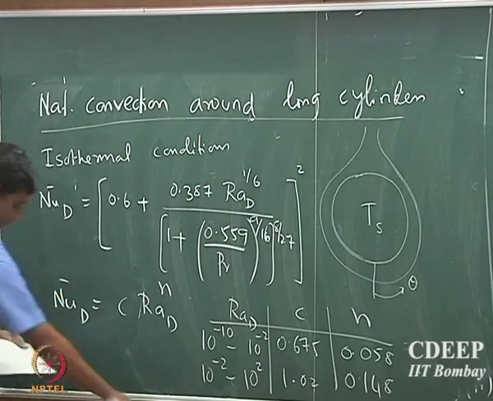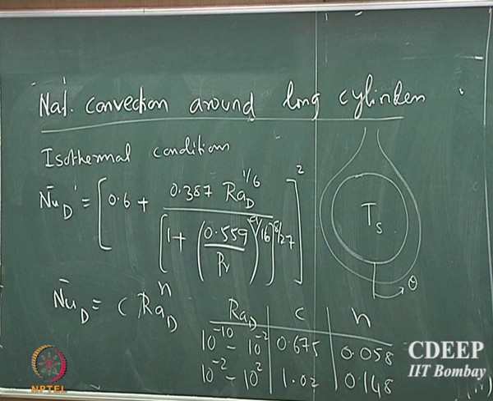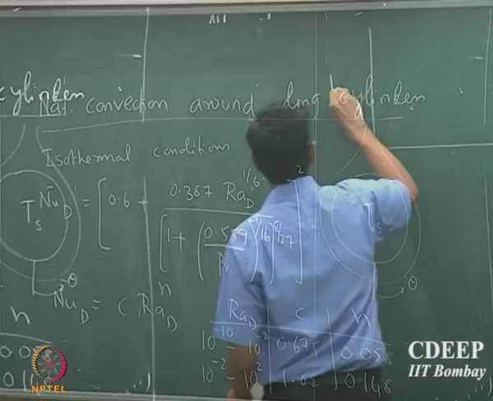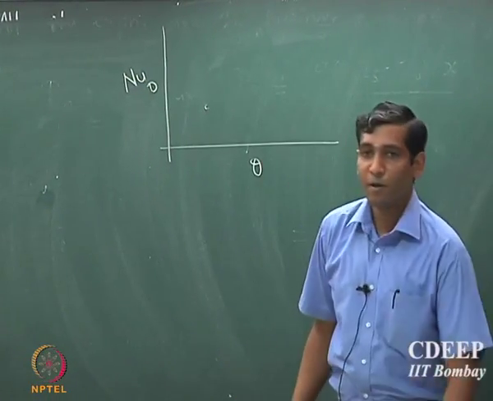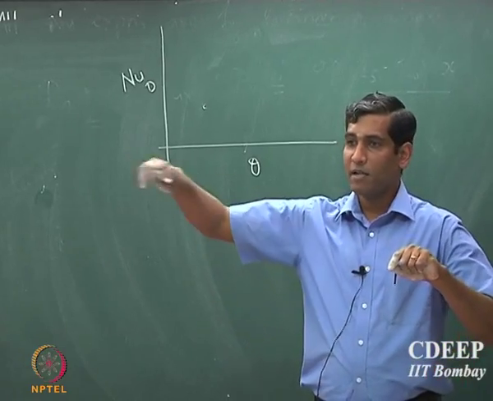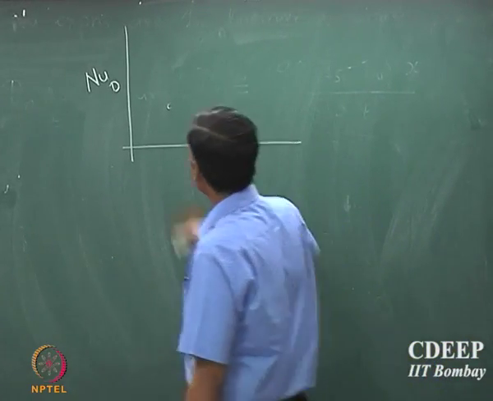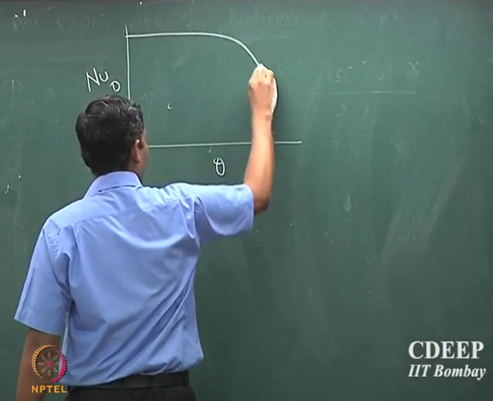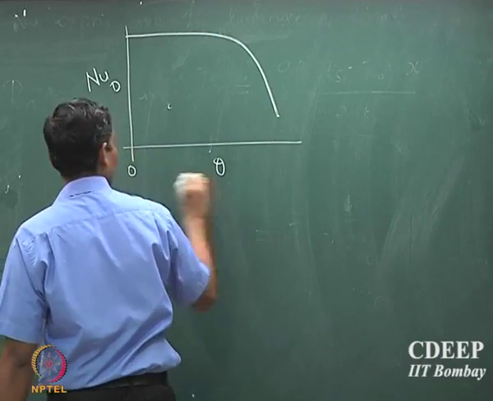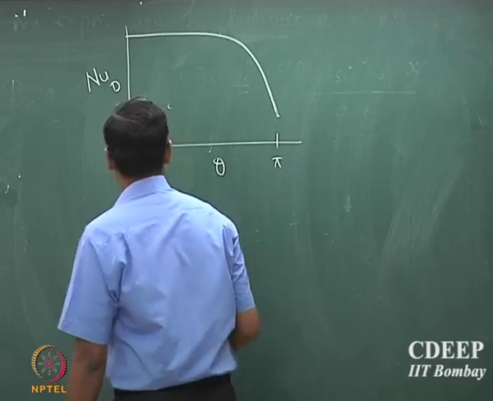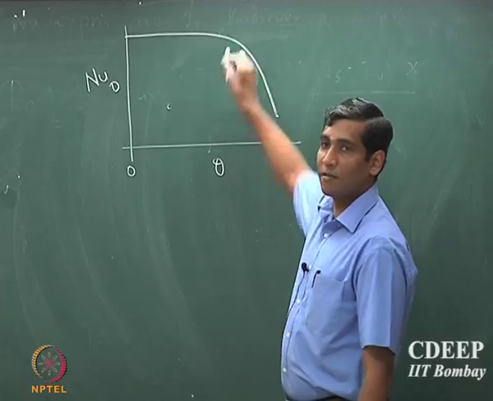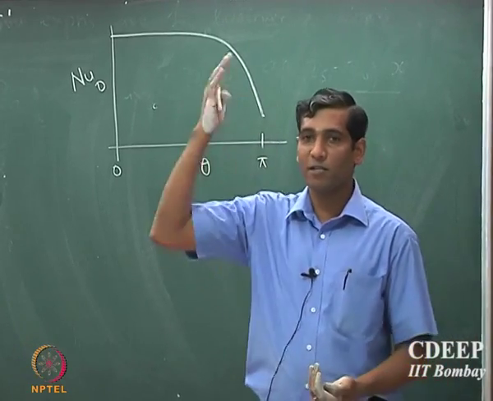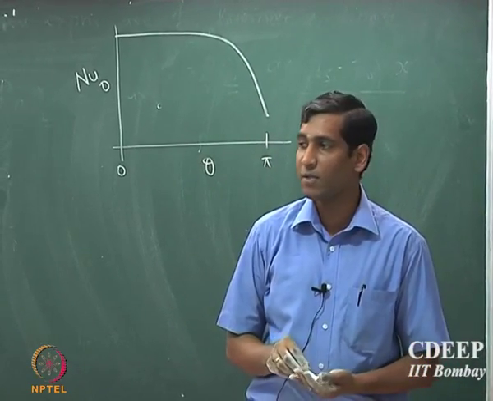Similar to what we saw in the cylinders, the Nusselt number versus theta. Okay. Remember, we saw that the Nusselt number increases and then it suddenly falls, and in a similar fashion you would expect that the Nusselt number between 0 and pi simply falls. What is the reason for this fall? Remember your cylinder with external flows, what is the reason?